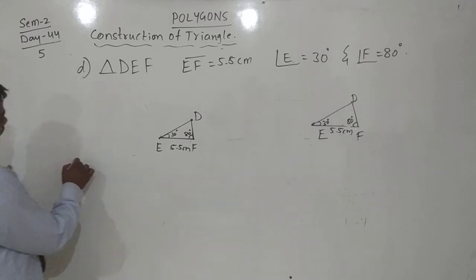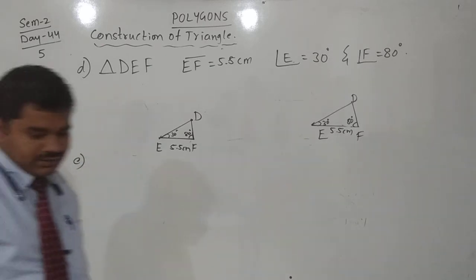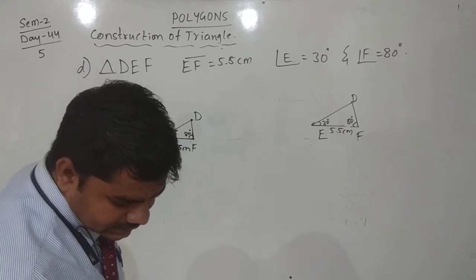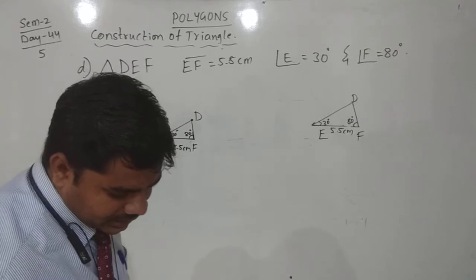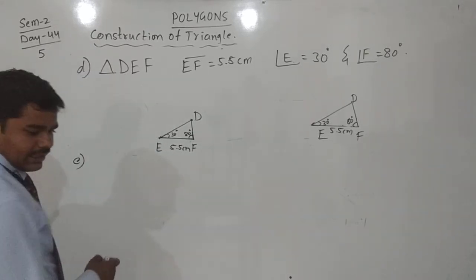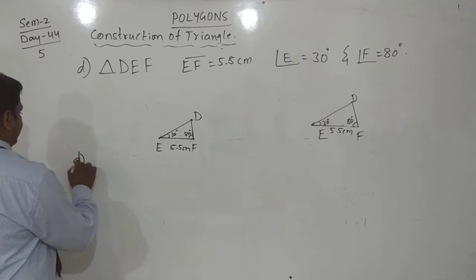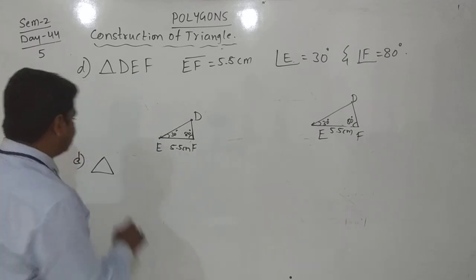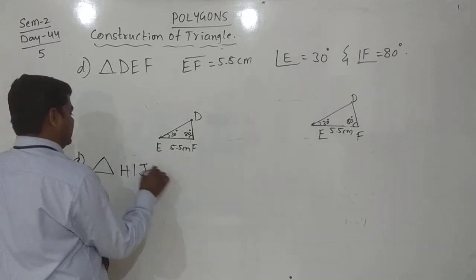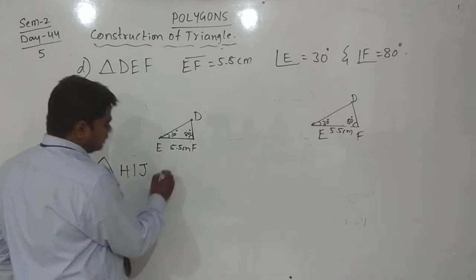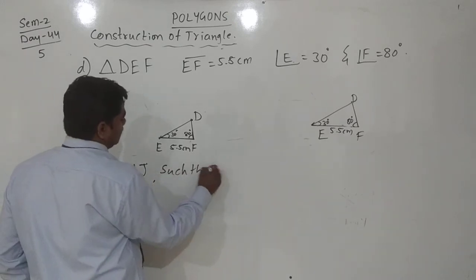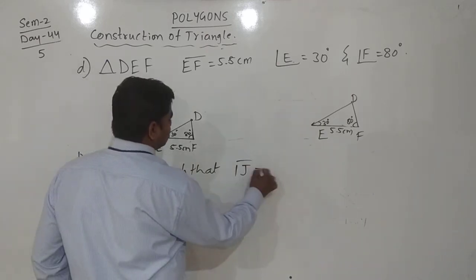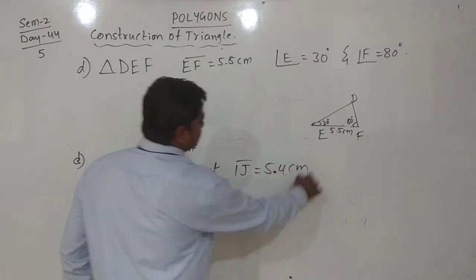Next, one more we'll solve, with the same two angles given and one side given. Take triangle HIJ here such that line segment IJ is equal to 5.4 centimeter.